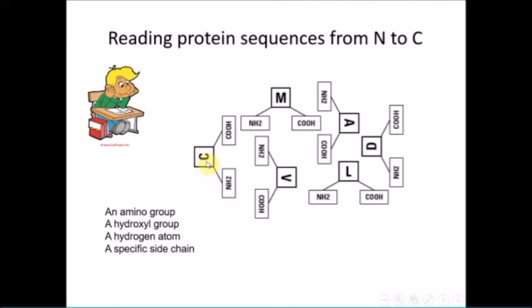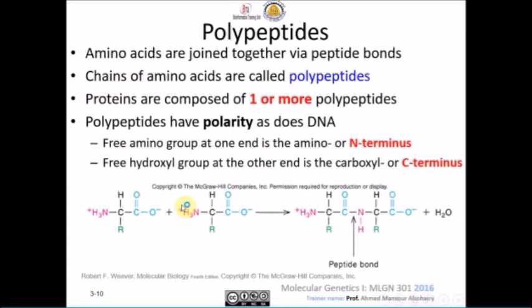The variation between different amino acids is in the specific side chain, like here C, M, V, L, A, D. You can see here the hydrogen atom in this picture. So there is a side chain, which is R, and the hydroxyl group, and the NH2 group, the amino group.